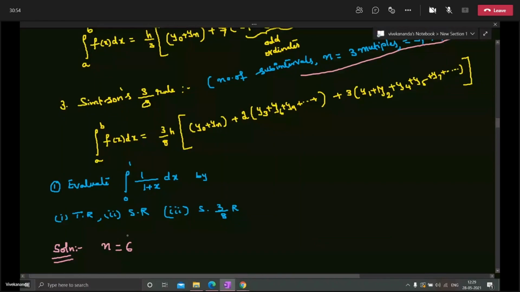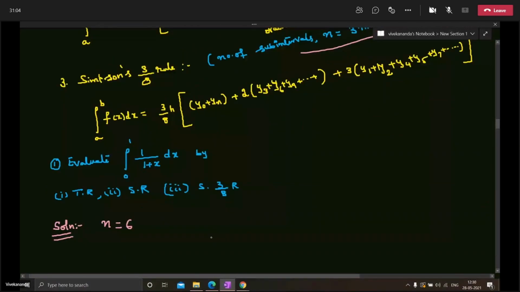And 6 is a multiple of 3, so you can apply Simpson's 3 by 8 rule. So the number of subintervals is 6, which will cover all the numerical integration rules.